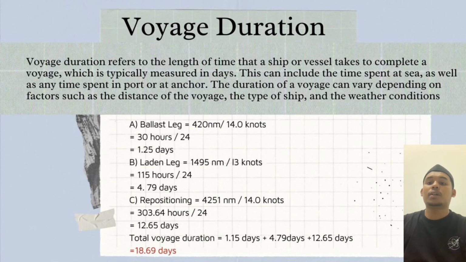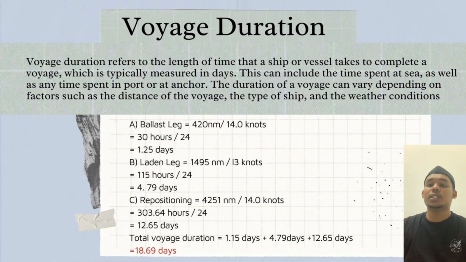For example, a voyage from New York to London on a large cargo ship may take several weeks, while a voyage on a smaller yacht may only take a few days. The voyage duration can also be affected by factors such as the speed of the ship, the route it takes, and the number of stops along the way.